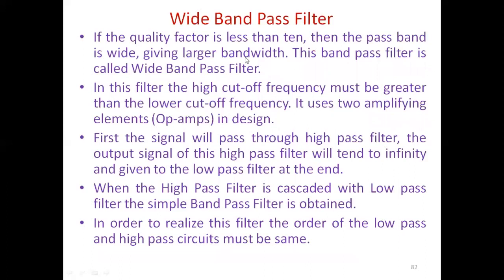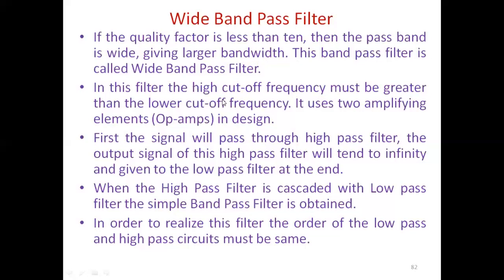So how to identify the band pass filter classification, whether it is a wide band pass filter or a narrow band pass filter? It is based upon the quality factor. If the quality factor is less than 10, the pass band will be wider, the bandwidth will be larger, and the band pass filter is called a wide band pass filter.